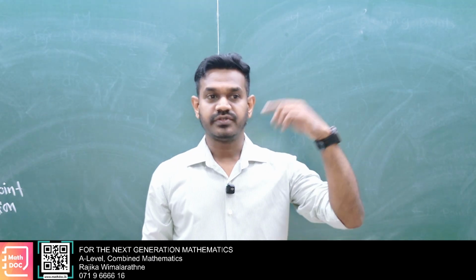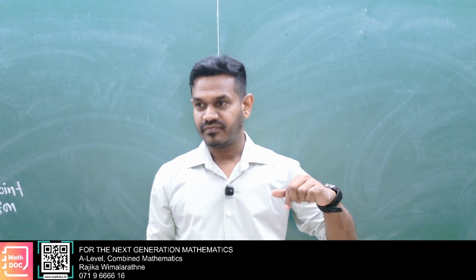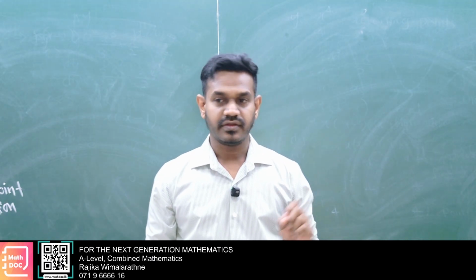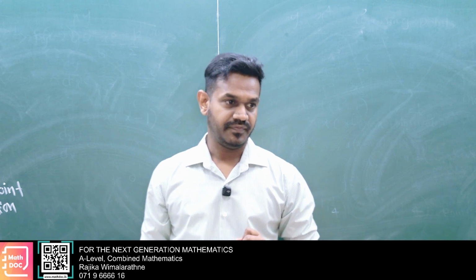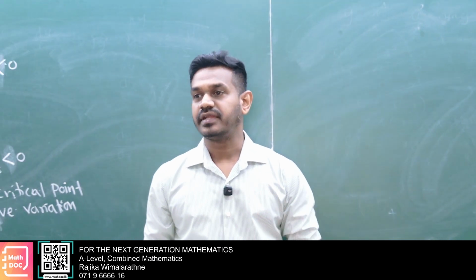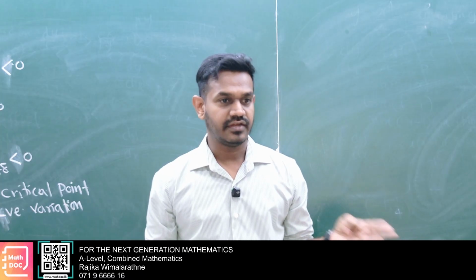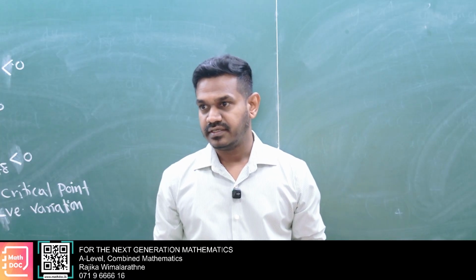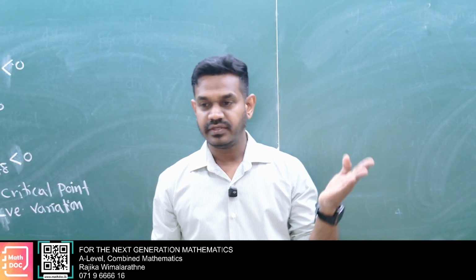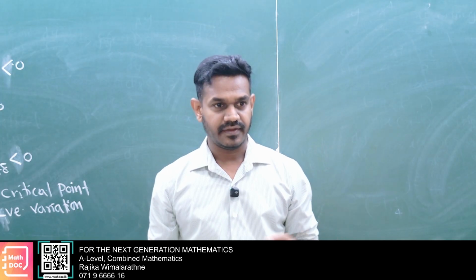Those values you can substitute into the function and obtain the y value. Then we can get the corresponding critical point. Then to classify the critical point, you have to check the dy over dx sign about that critical point.